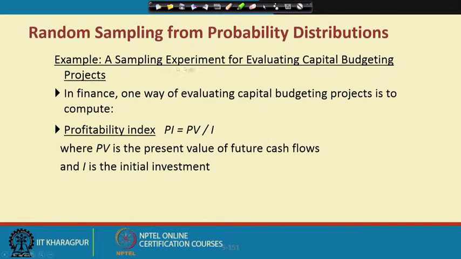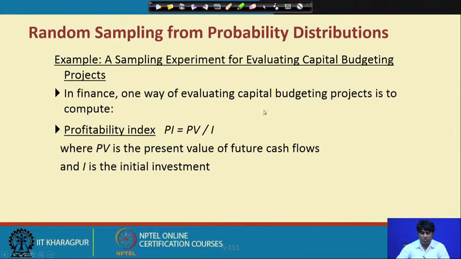For instance, a sampling experiment for evaluating capital budgeting projects, which is mostly a corporate finance problem. One way of evaluating a capital budgeting problem is to compute the profitability index, which is equal to present value divided by initial investment.